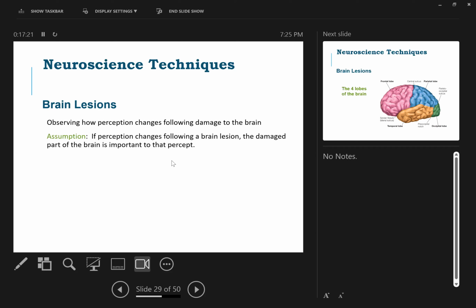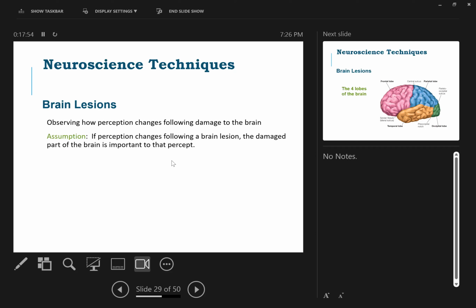You can't say that that area was the locus or location of that percept or cognition, but you could say that that area was involved in some ways, which is a very weak form of connection. If someone has prefrontal damage and their judgment becomes shaky after that, or their personality changes in some ways, then you could say the prefrontal area is involved in that.